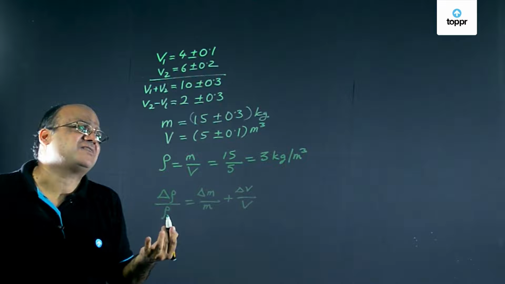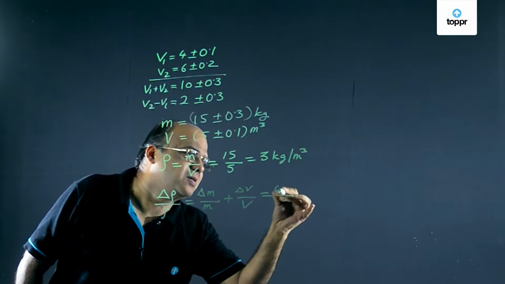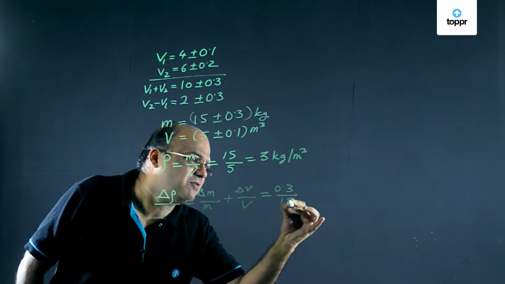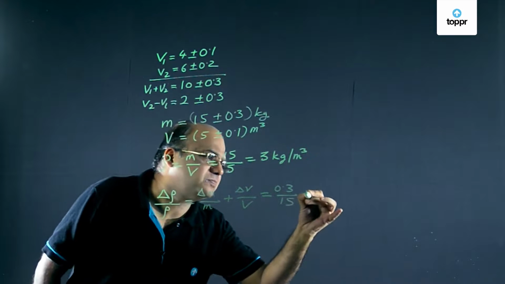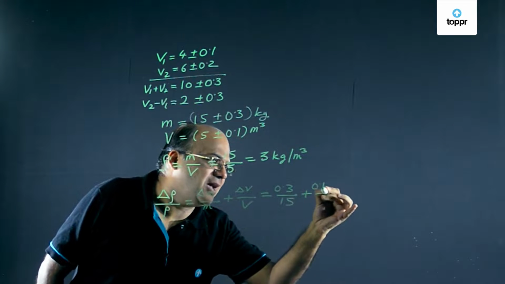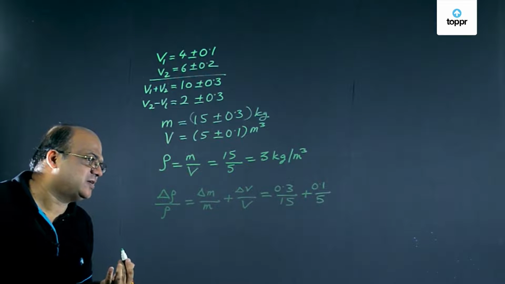So what is error in mass? Error in mass is 0.3. So this we divide by 15. And what is error in volume? 0.1.